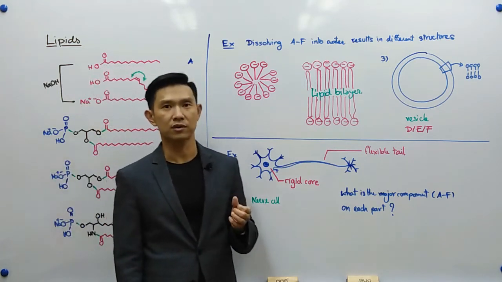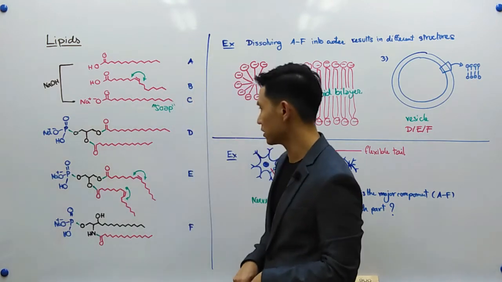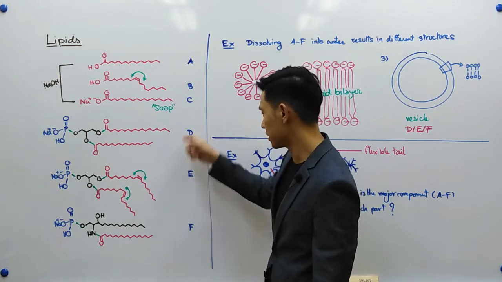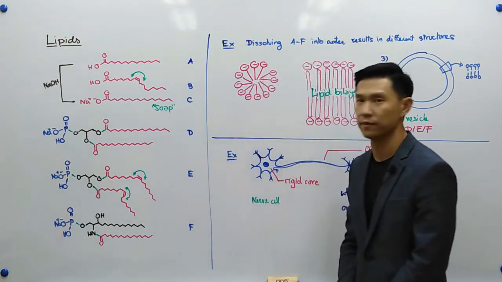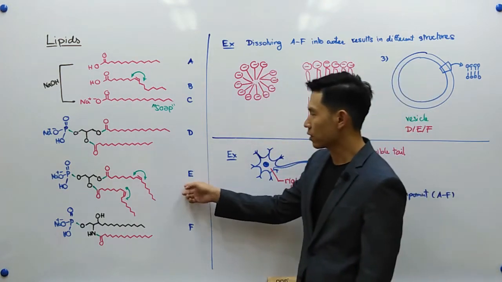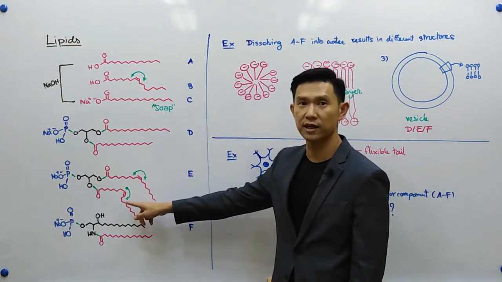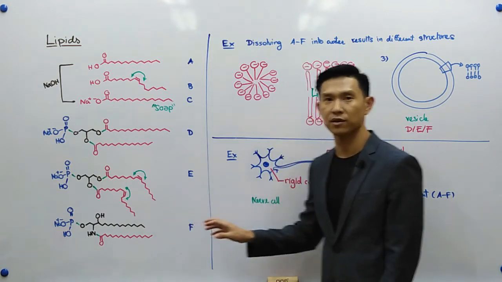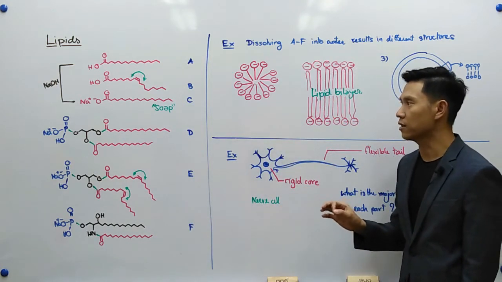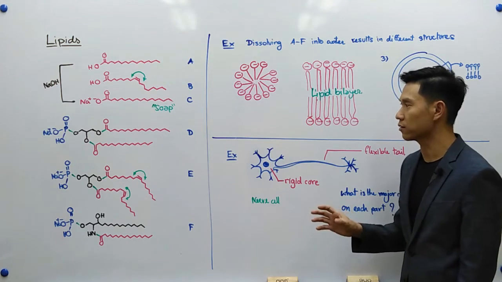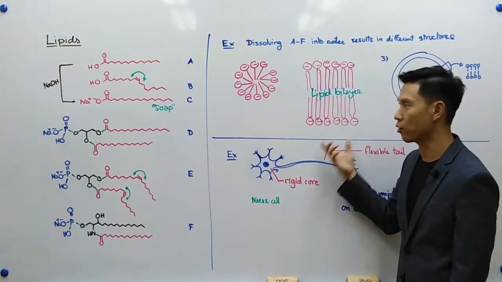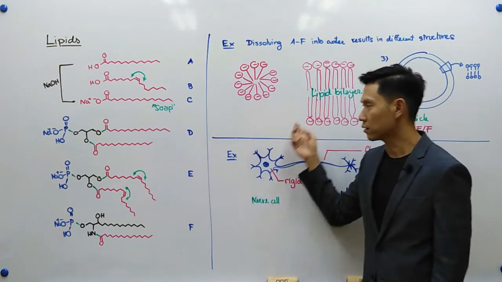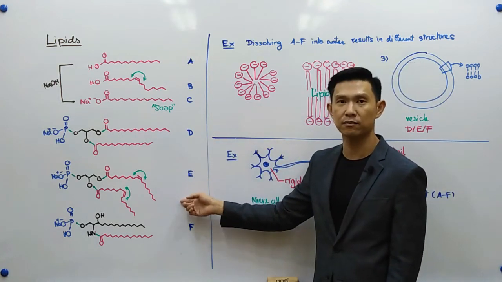What else I want to discuss is D and E, which are very similar. Actually, D, E, and F are about the same thing, right? But in E, I introduced the cis isomer and unsaturation into the structure. So can you now answer what would be different for the lipid bilayer formed by pure D molecules and the one formed by E molecules?